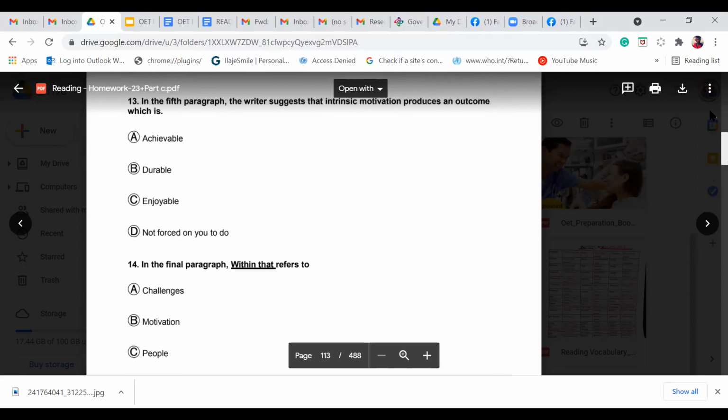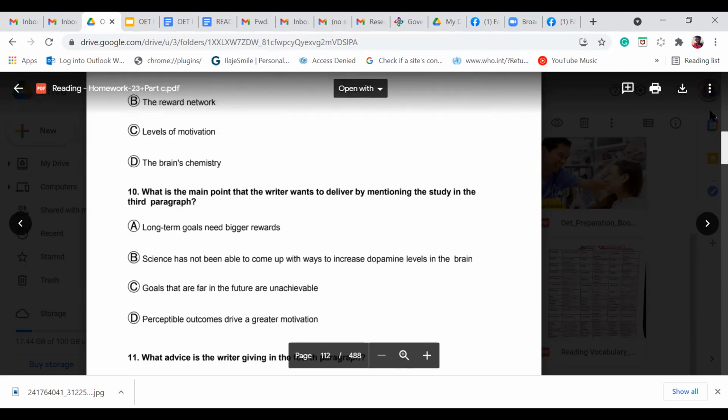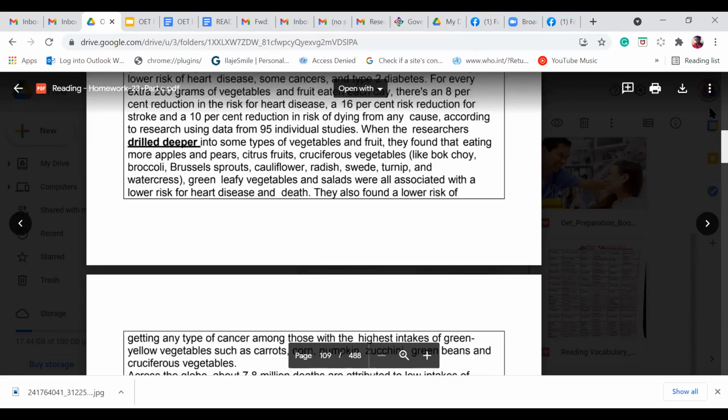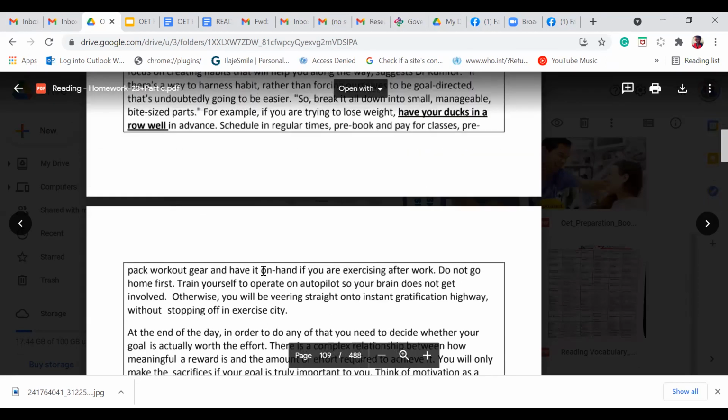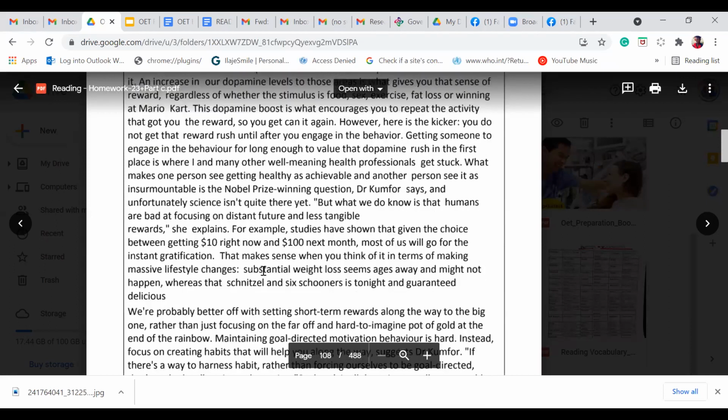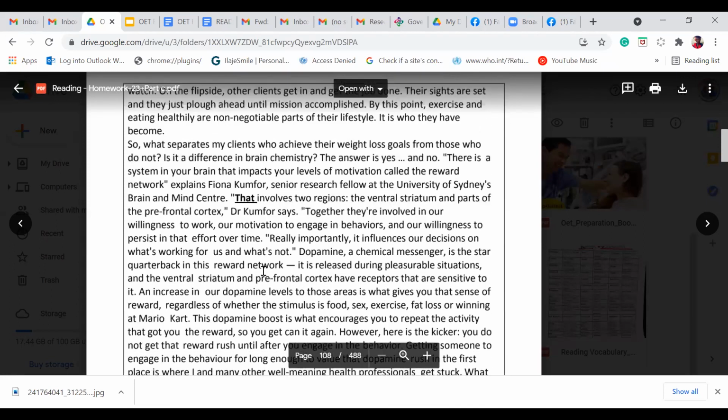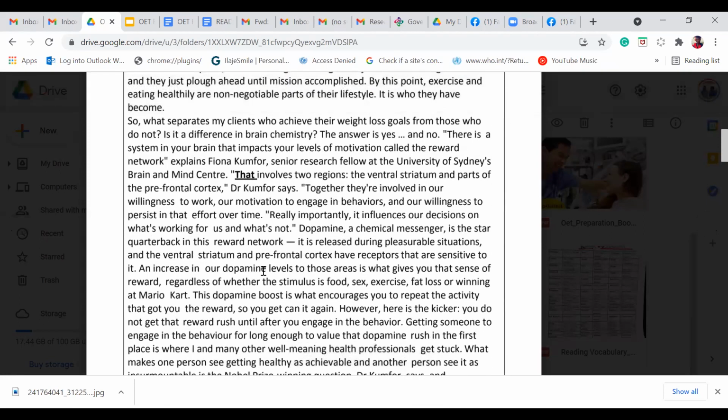I honestly believe this might be a typographical error, which can happen. Because usually in questions like this, the word being referred to would be in bold and underlined in the text. The word in bold and underlined here is that.